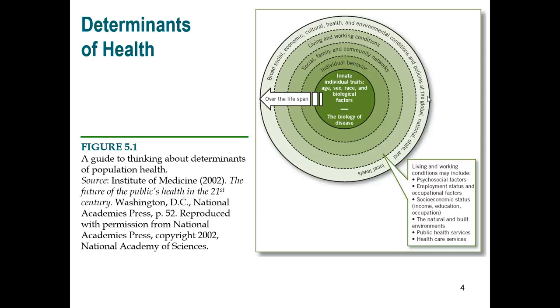So the population health model looks at these different determinants of health and tries to see what can we do in order to make exercise more available, or what can we do to make healthy foods more available to those people that don't have it.